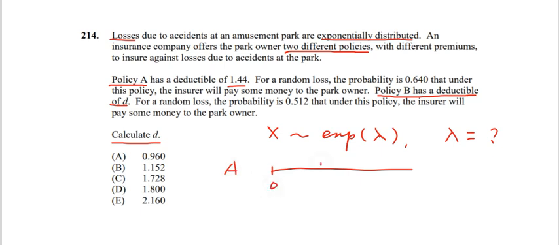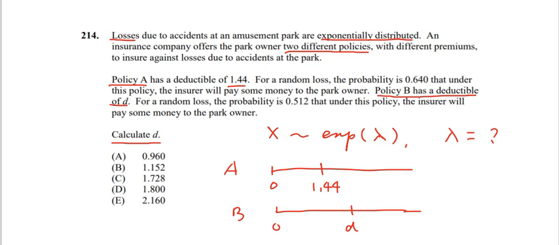Okay, the deductible is 1.44. And for B, the deductible is, let's see, D. Okay. So what is their relationship?